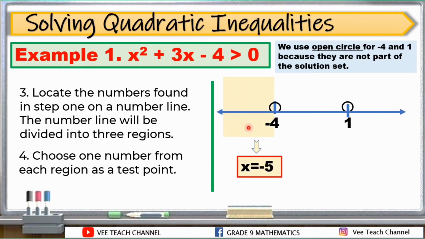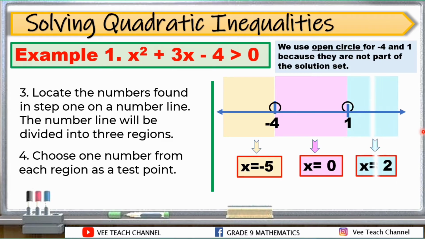Kuha tayo ng test point sa kada region. Ang boundary is negative 4, di ba? Numbers na mababa sa negative 4, kunin na natin is negative 5. Dito naman sa pangalawang region, kunin na natin yung 0. Numbers sa pagitan ng negative 4 and positive 1, kunin na natin 0 as our test point.